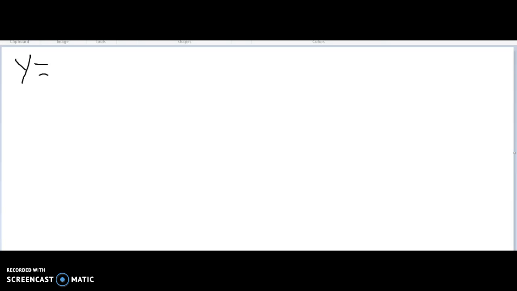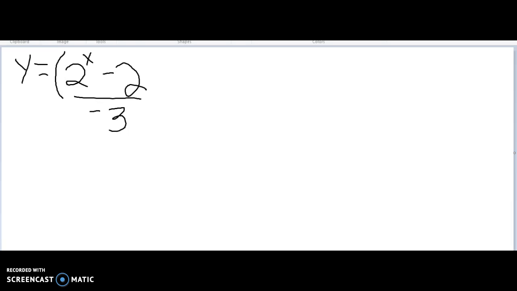y equals 2x minus 2 over negative 3, and all this is in parentheses.